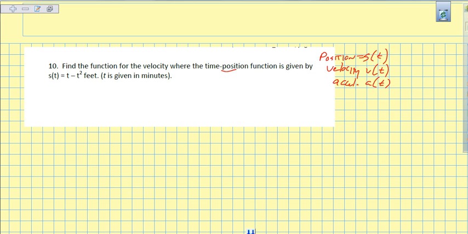And when you take the derivative of position, it'll give you velocity, and then if you take the derivative of velocity, it'll give you acceleration.